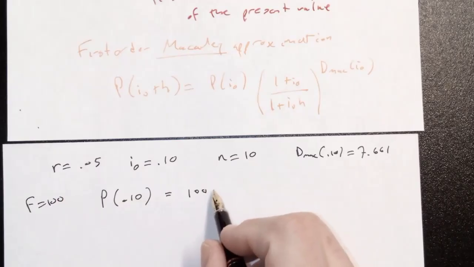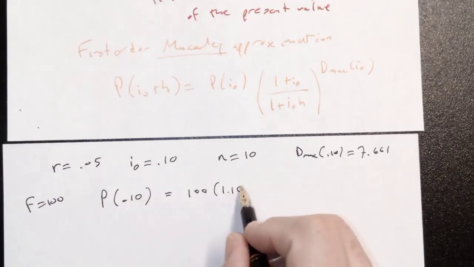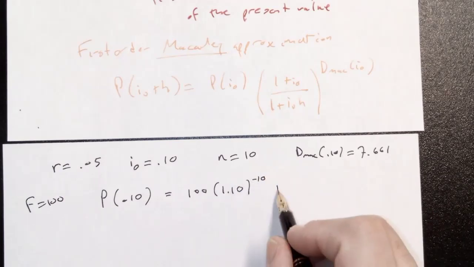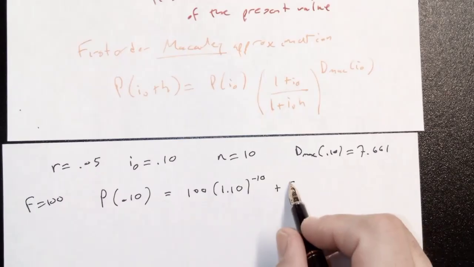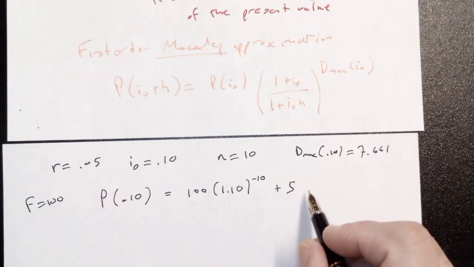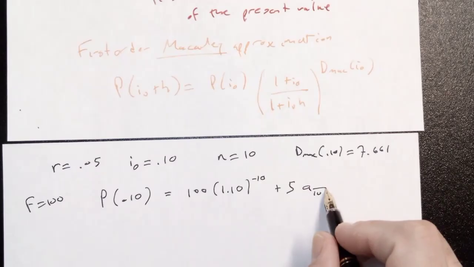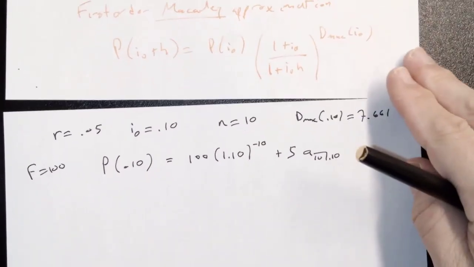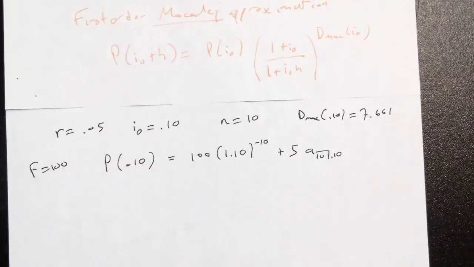So let's take that 100 and bring the redemption value back to today. And we'll take all the coupons, 5% of 100 is 5, and we'll bring them back to today as well. Let's run this calculation. What's the current price on this bond?